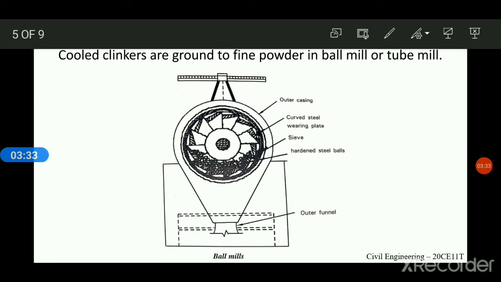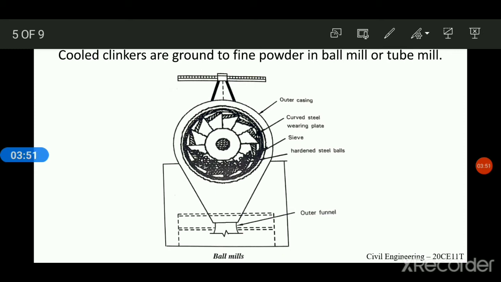Here 2 to 3% of powdered gypsum is added as a retarding agent during final grinding, so that the resulting cement does not settle quickly when it comes in contact with water.